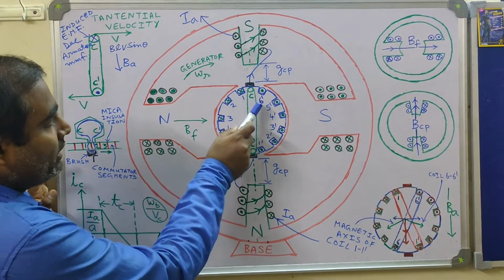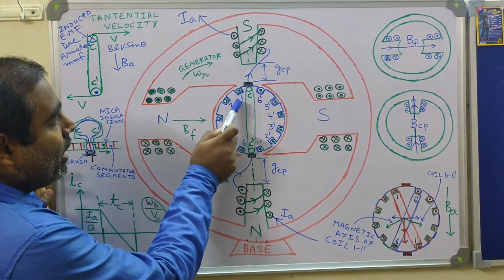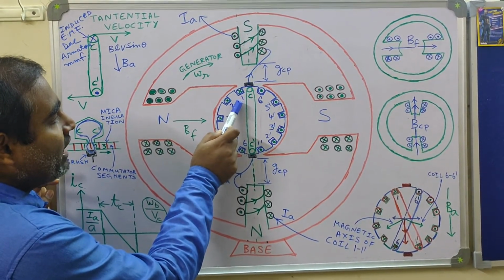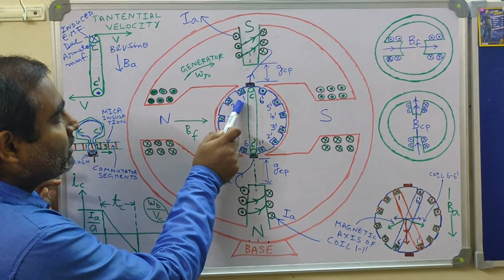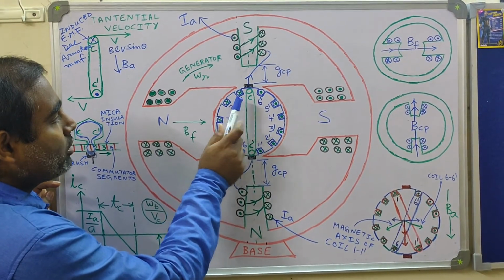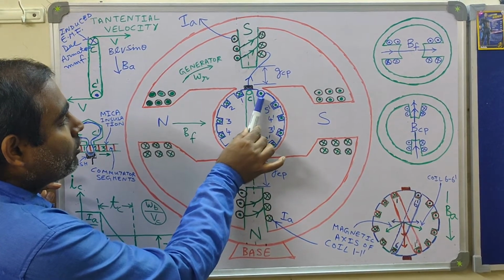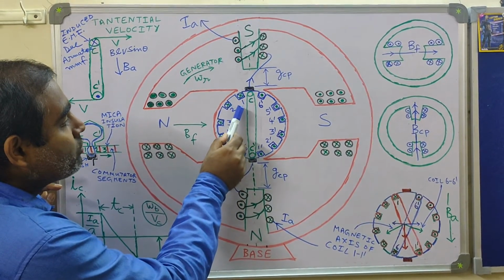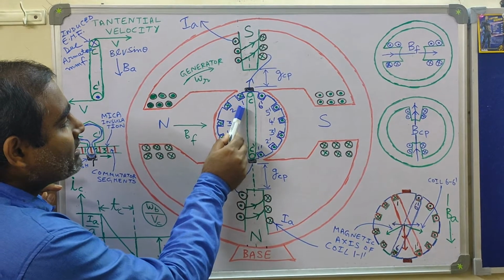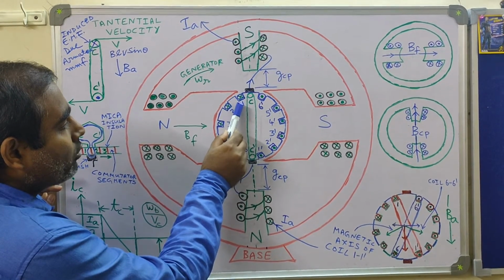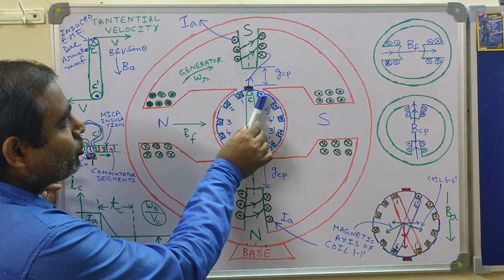So in this particular case, for coil side 1, what is the desired polarity of induced EMF? It is dot, because when coil side 1 moves to this side, it will be dot. So the desired induced EMF polarity for coil side 1 is dot, because when it moves to this side, it should become dot.